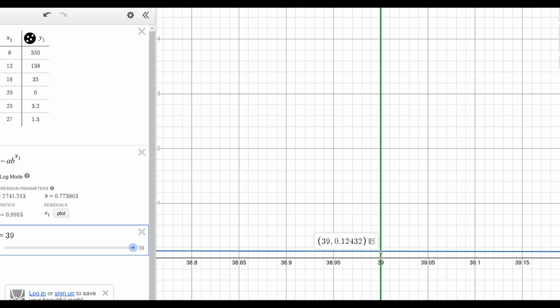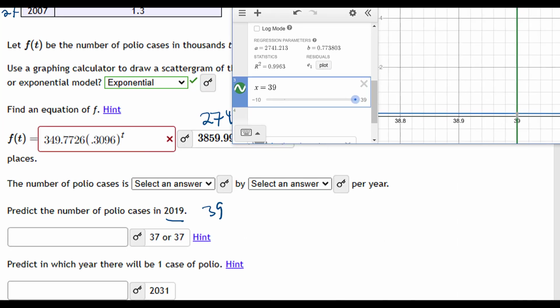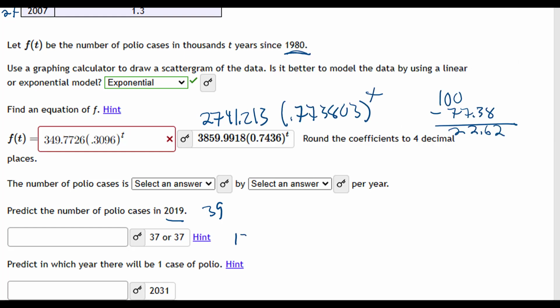There are going to be 0.12 thousand cases. So would that be like 124 cases? Again, we have a little different formula. Their formula must have given that 37.